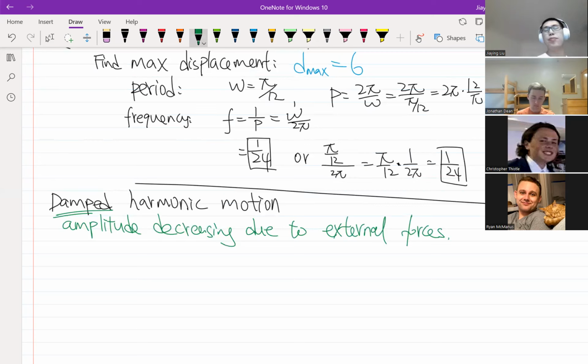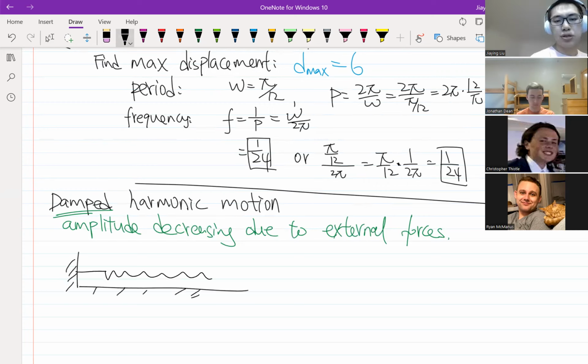For example, earlier we had that example with the spring and the object attached to it. When we have it stretched and we let it go, it's going to go back and then go forward and then go back. When the spring is compressed, it's going to go forward.